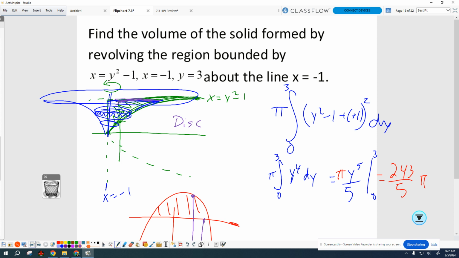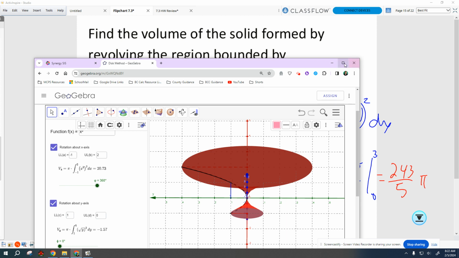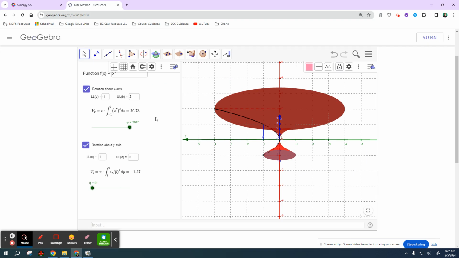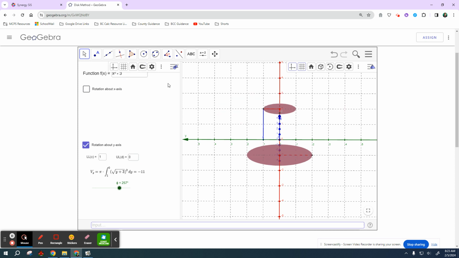I brought Play-Doh if you need to look at it. What was the equation we just did?